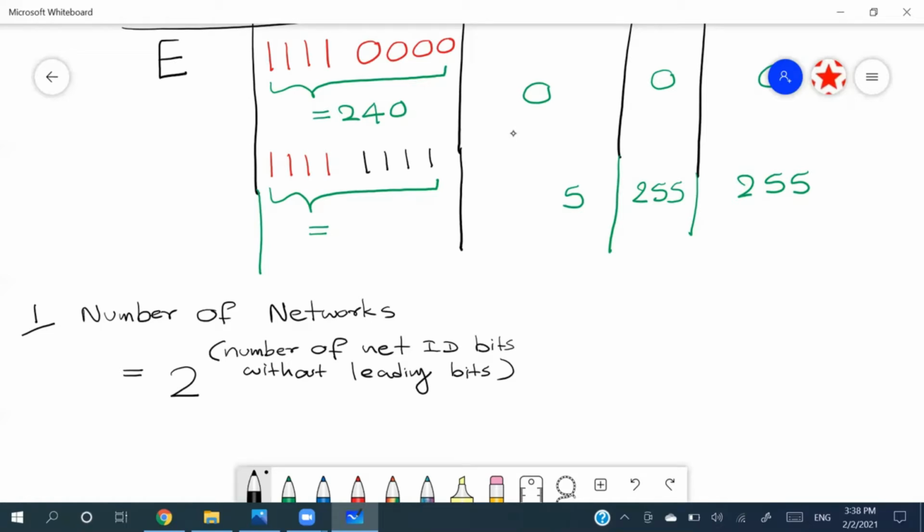Then you have to omit those leading bits, and the rest of the bits of the net ID will give you the answer, right? So I'll write the example at the right side. So this is the example.